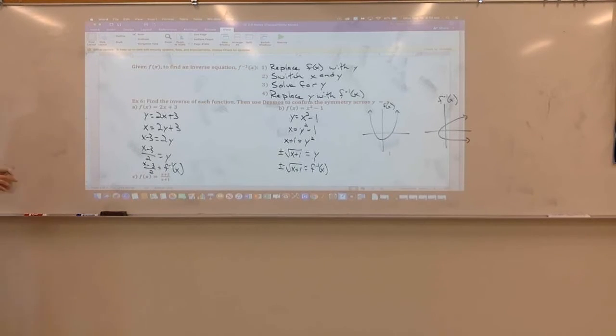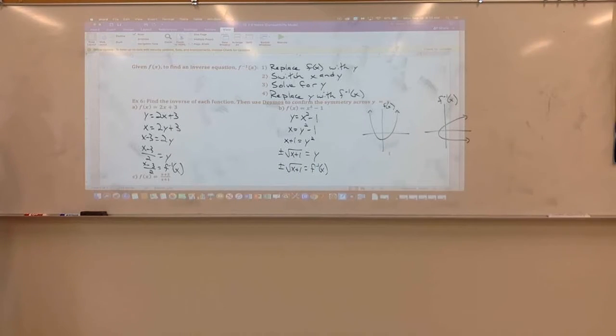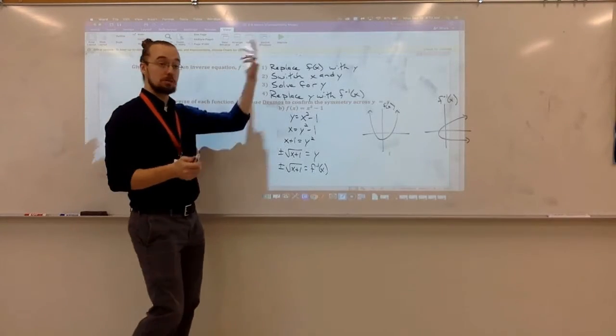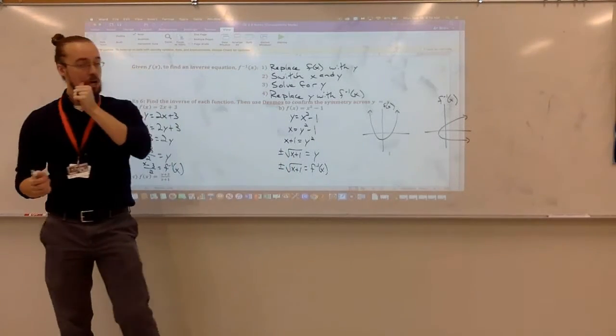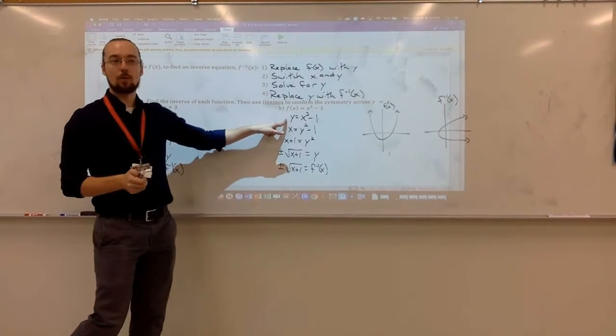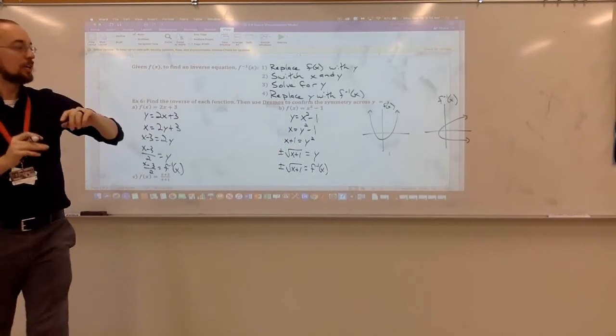So we get plus or minus the square root of x plus 1. Now, one thing I do want to mention for this: earlier on the front, we said in order for a function to have an inverse, it has to be one-to-one. Well, this graph is not one-to-one. It's a parabola. It doesn't pass the horizontal line test.